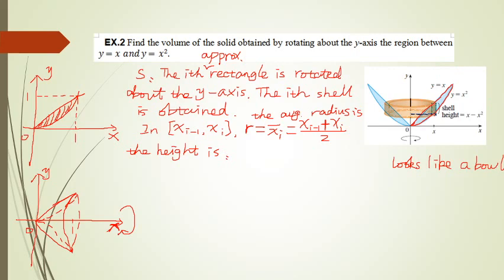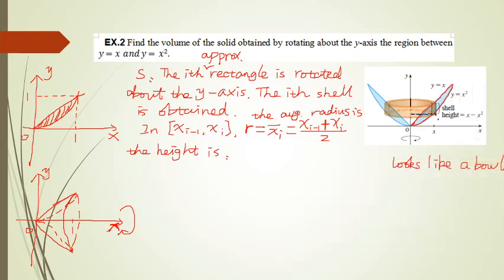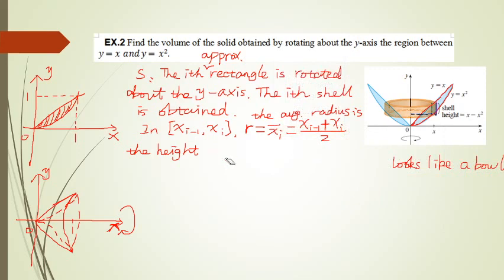Here the height is not f(x), because we have two functions, y equals x and y equals x squared. The height, shown in purple, is the height of the rectangle between the two curves. So the height for the ith shell would be x minus x squared, the difference of those two curves. So we will write the height for the ith shell this way.